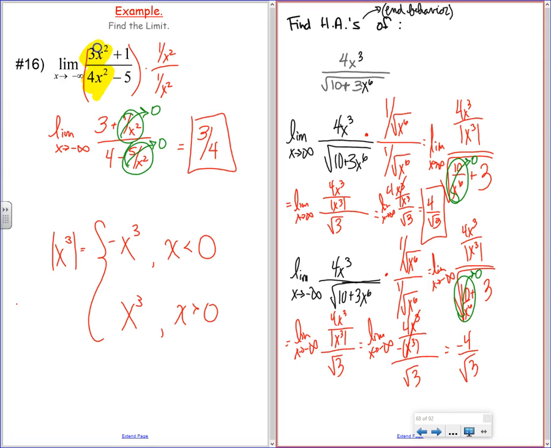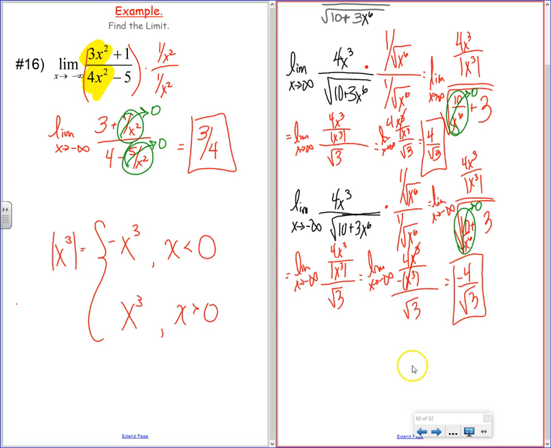Can you guys graph this function for me? 4x cubed over the square root of 10 plus 3x to the 6th, and try to figure out how on earth there are two different horizontal asymptotes, one at positive 4 over rad 3 and one at negative 4 over rad 3? Have we ever seen a guy with two horizontal asymptotes? I'm going to write the answer all nice and pretty while you guys are doing that.